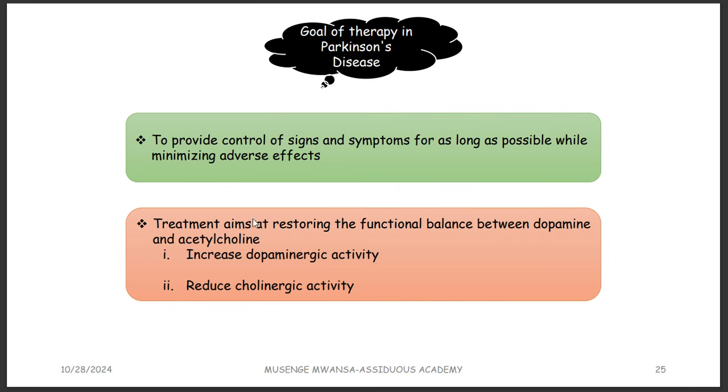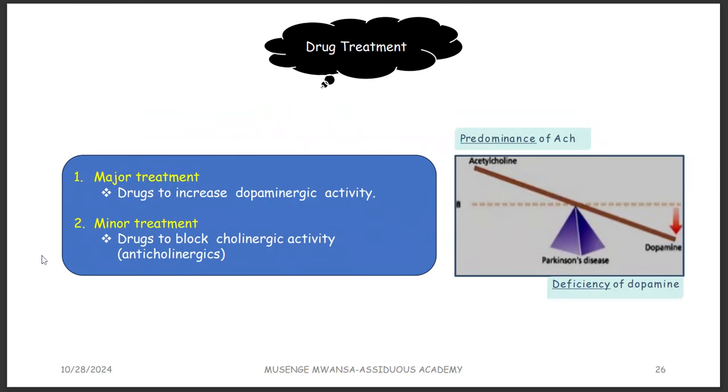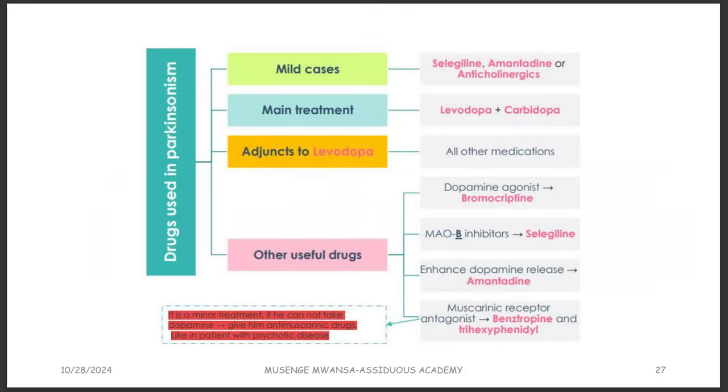And the treatment is aimed at, remember, dopamine was low, acetylcholine was high. So the treatment is aimed at reducing the acetylcholine and increasing the dopamine. Here, the major treatment is going to be to increase dopamine. The minor is going to be to reduce the acetylcholine.